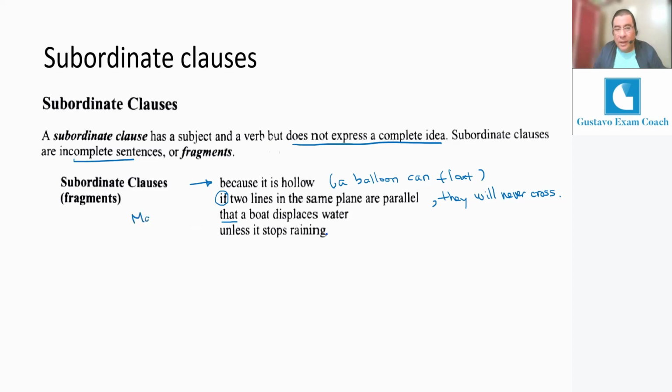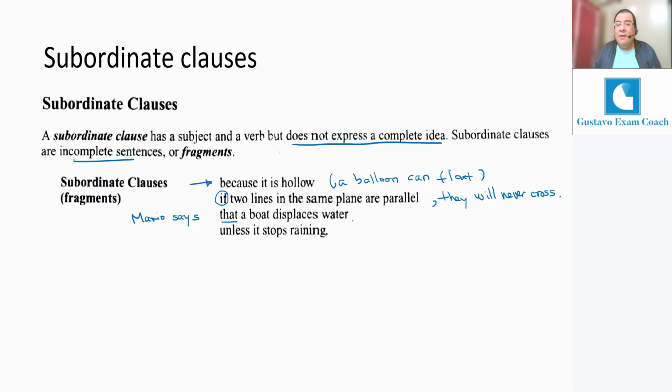For example, Mario says that a boat displaces water, and then I have a complete sentence. The clause that a boat displaces water would be working as the direct object of the verb says. Mario says something. What does Mario say? That a boat displaces water. Yeah, we have a complete sentence there.